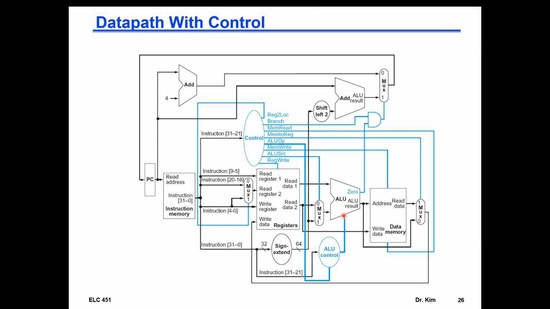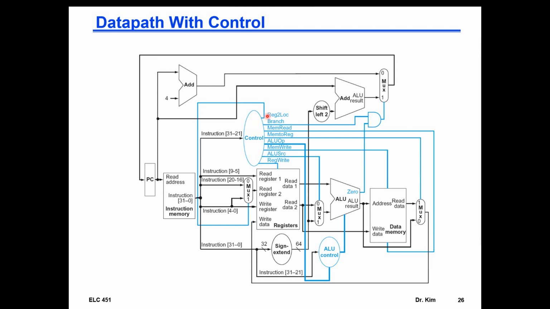And then it generates the actual functionality that the ALU needs to exert. And as we saw in the previous slide, the main controller takes the opcode. These are the bits of the opcode that come from the instruction. And it generates the ALU bits and all the other control functions.